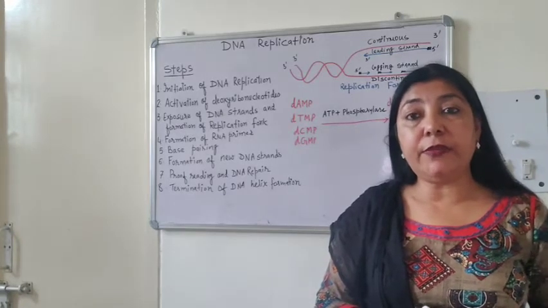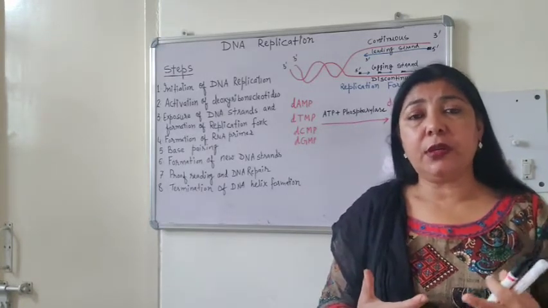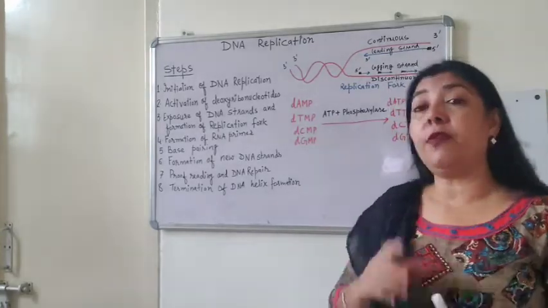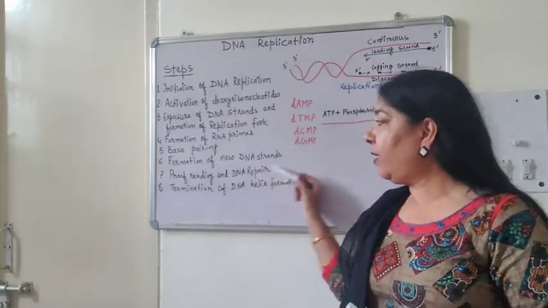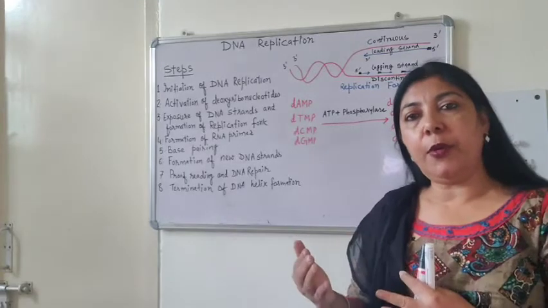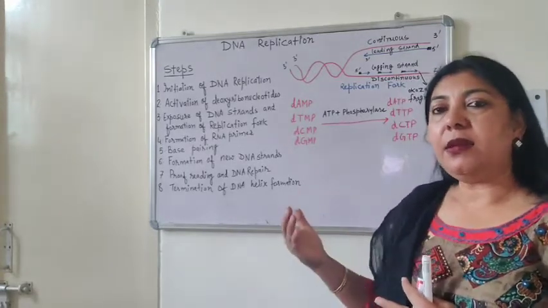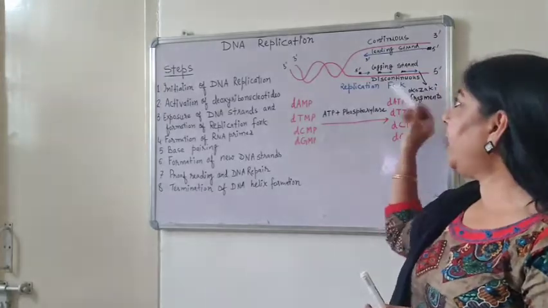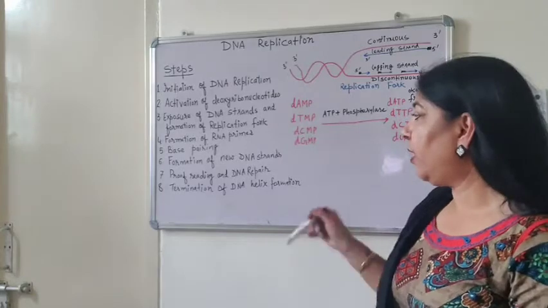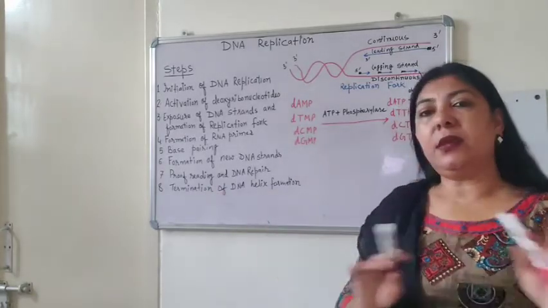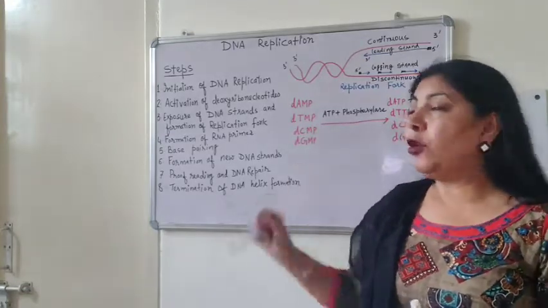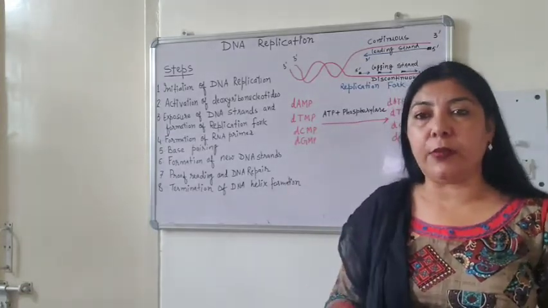We have already studied in the previous chapter how DNA mutation may result in so many diseases. So this process has to be very accurate. Proofreading and DNA repair is done with the help of DNA dependent DNA polymerase and then DNA ligase. The joining is done by DNA ligase wherever there is a replacement. And then once the repair and proofreading is done, a new DNA helix is formed.